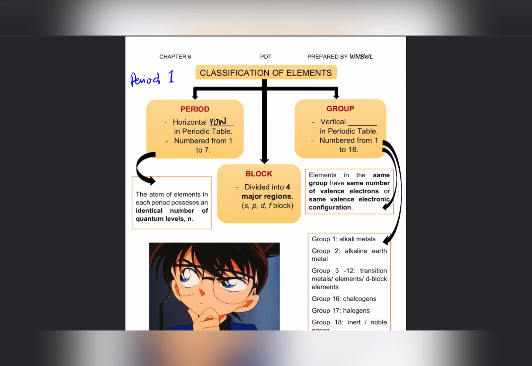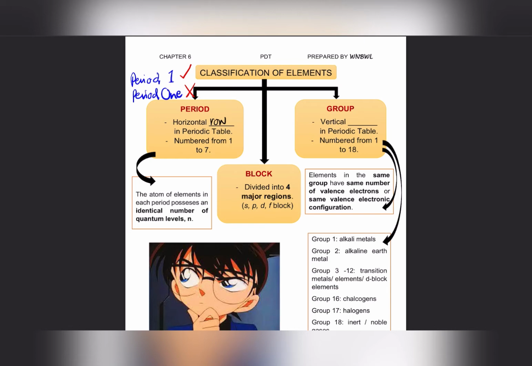Okay, this is the correct term. Sekiranya awak menulis sebagai period satu, nombor 1 tu awak ganti sebagai huruf, jawapan ini tidak diterima. Okay, so pastikan awak menggunakan nilai untuk tentukan period, dan letak dalam bentuk nombor.